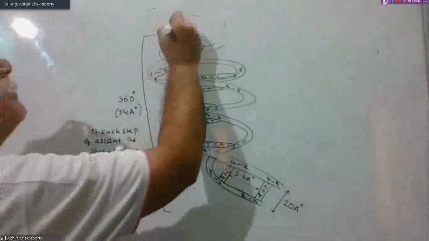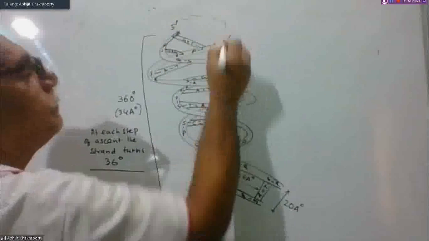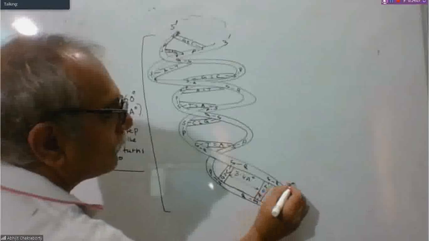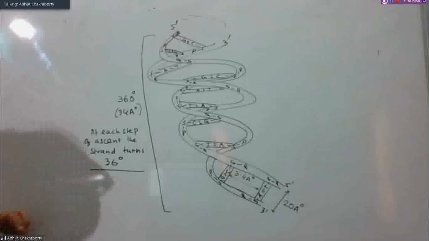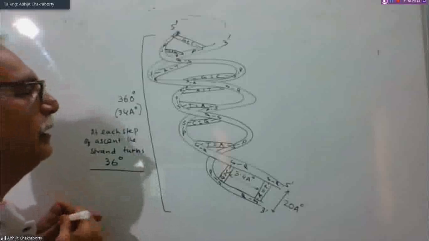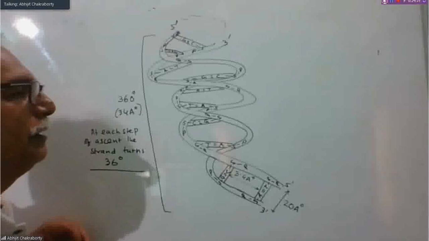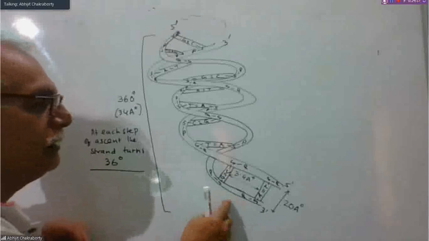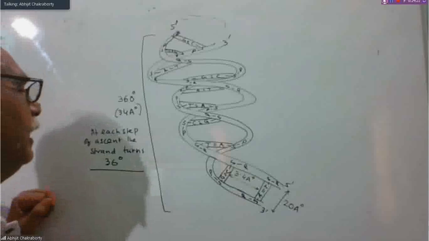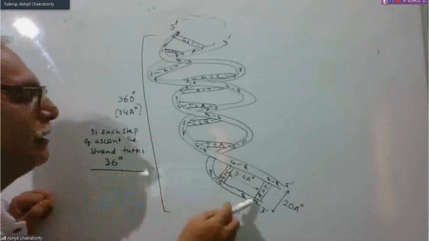You can call it 5 prime, 3 prime, 3 prime, 5 prime. So this is the structure of DNA, double helical structure, and actually, this is ascent. Each ascent is represented by a pair of bases, and at each step of ascent, the strand turns 36 degree.